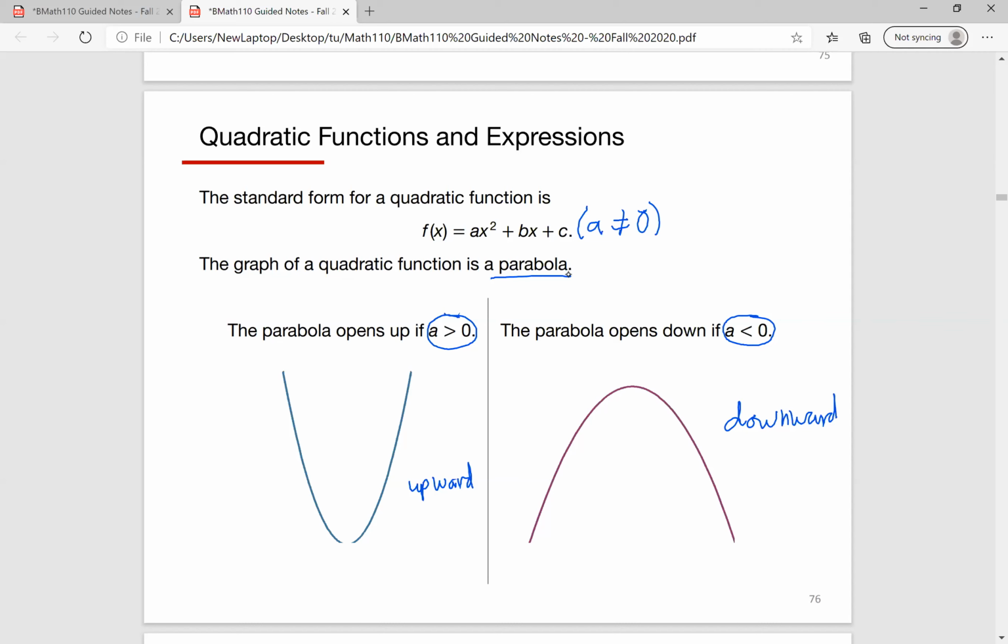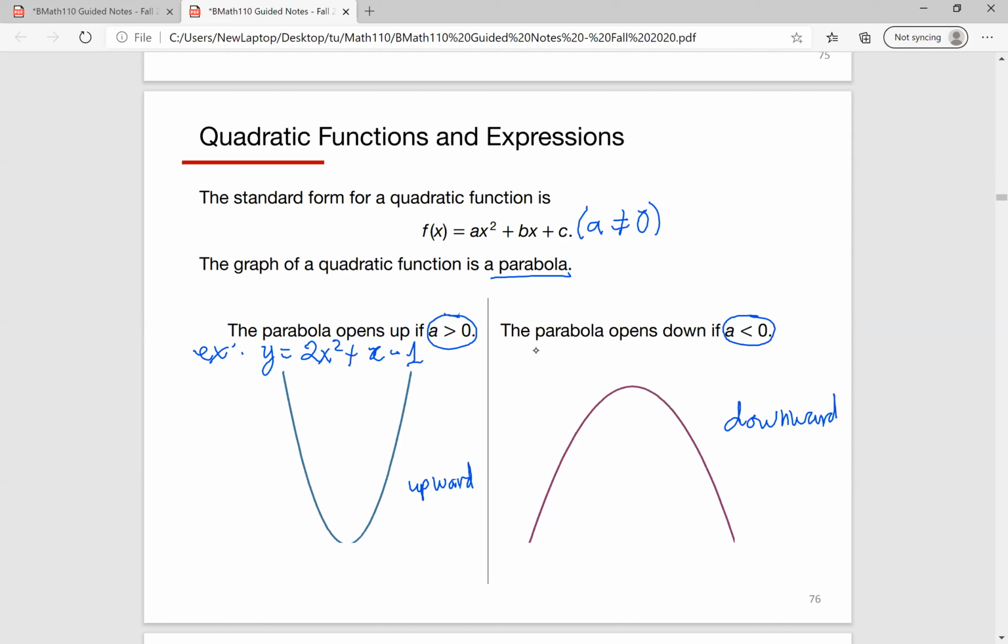So I can give you an example. Say y equals 2x squared plus x minus 1. You can see that here a is equal to 2, which is greater than 0, so this is upward.